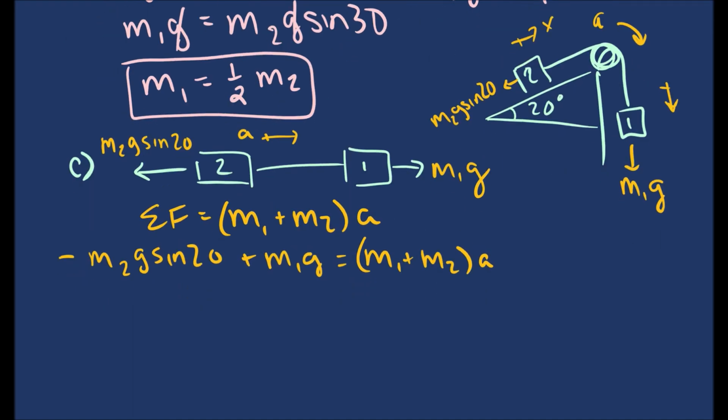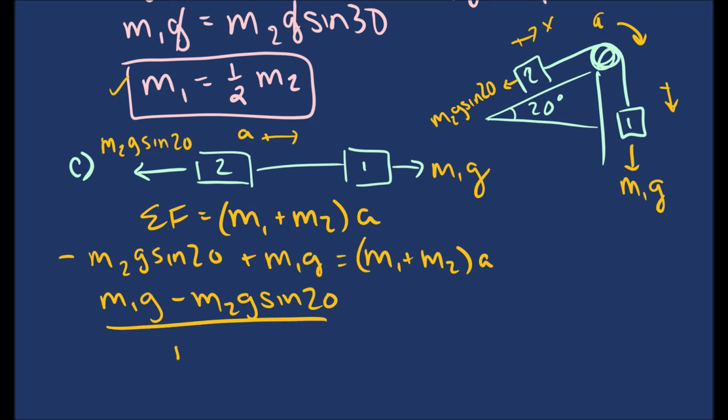Right now this looks kind of messy, but we do know that m1 equals 1/2 m2. That is likely going to be helpful in solving for an actual value of the acceleration. So let's rearrange this a little bit. I solve for A, and I'm going to move the m2g sine 20 so that I don't forget that negative sign.